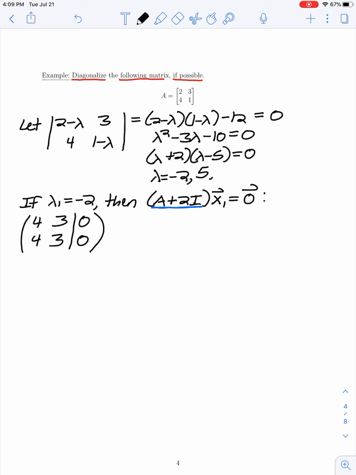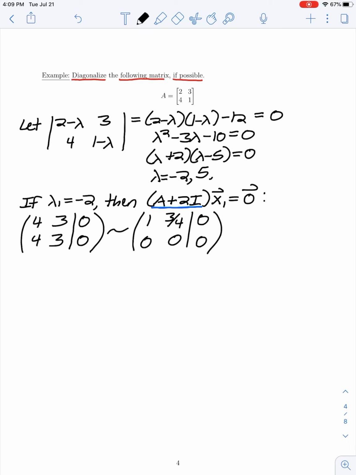So it's clear that our rows and columns are linearly dependent, so there are non-trivial solutions of this equation. And it's clear by row reducing that this is row equivalent to the matrix 1, 3/4, 0, 0, 0, 0, by taking the second row minus the first and dividing the first row by 4.